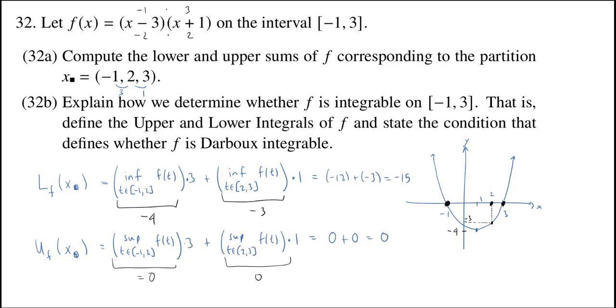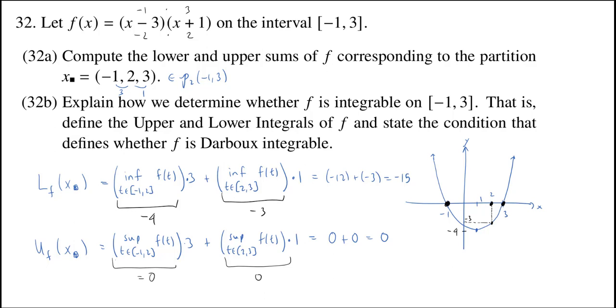The issue is we started with a partition that's not very broken up. We called this a two partition of -1, 3. So unsurprisingly, we don't get the best estimates for the upper and lower sums.